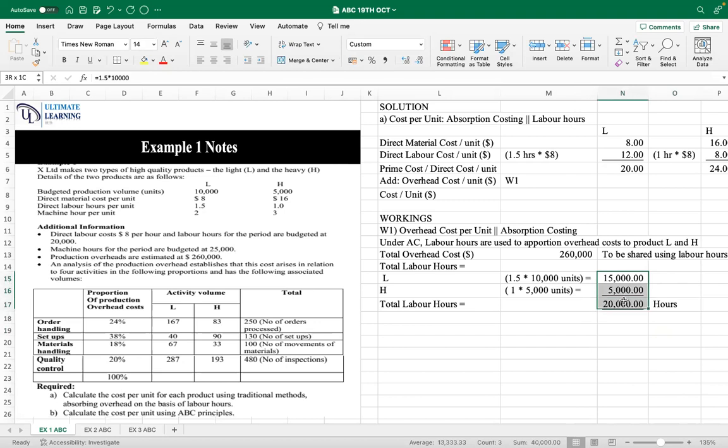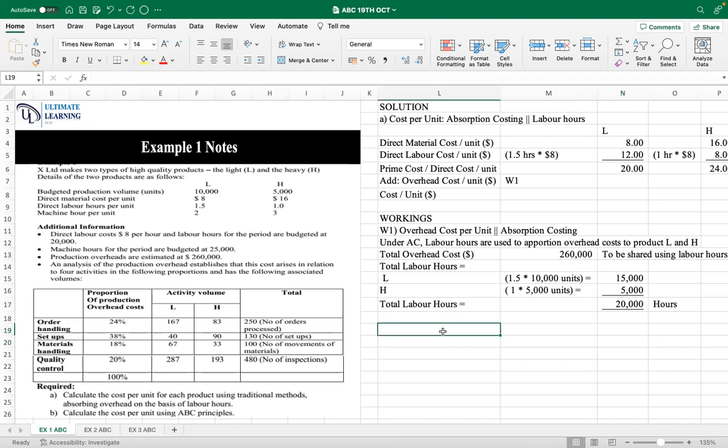So these 20,000 we were even given in the question here: direct labor hours, $8 per hour, and labor hours for the period are budgeted as 20,000.